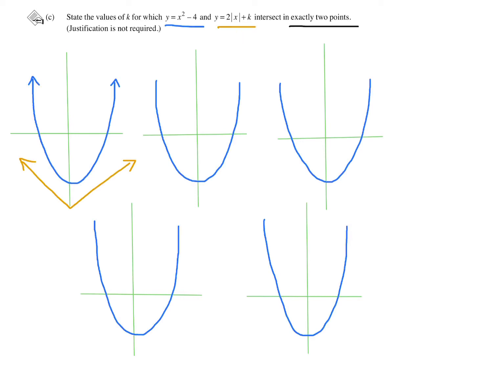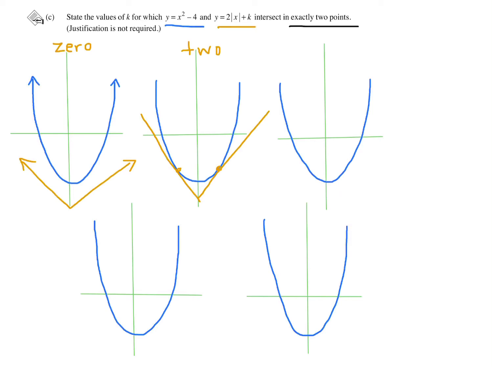So that one will give you 0 points of intersection. The next scenario is if it comes up and it just touches like that. You see how it just touched it? So you got one intersection point and two intersection points. 2, that's the one we're interested in. We'll find a few more.